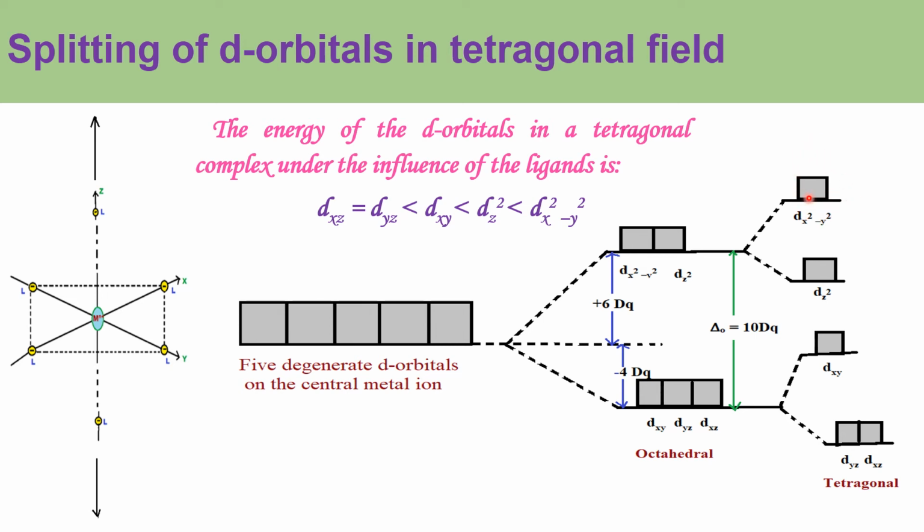So the order of energy for the d orbitals is dx square y square greater than dz square greater than dxy greater than dxz, dyz orbitals.